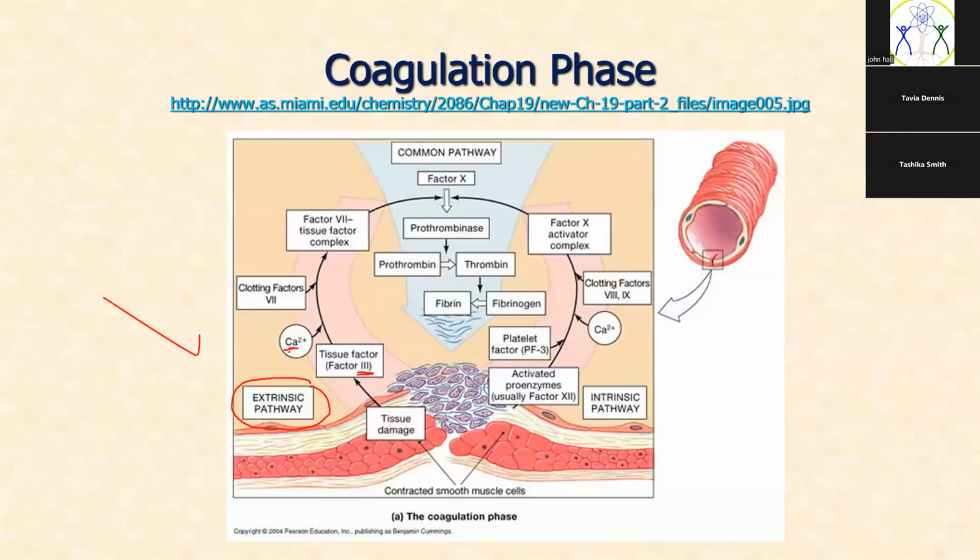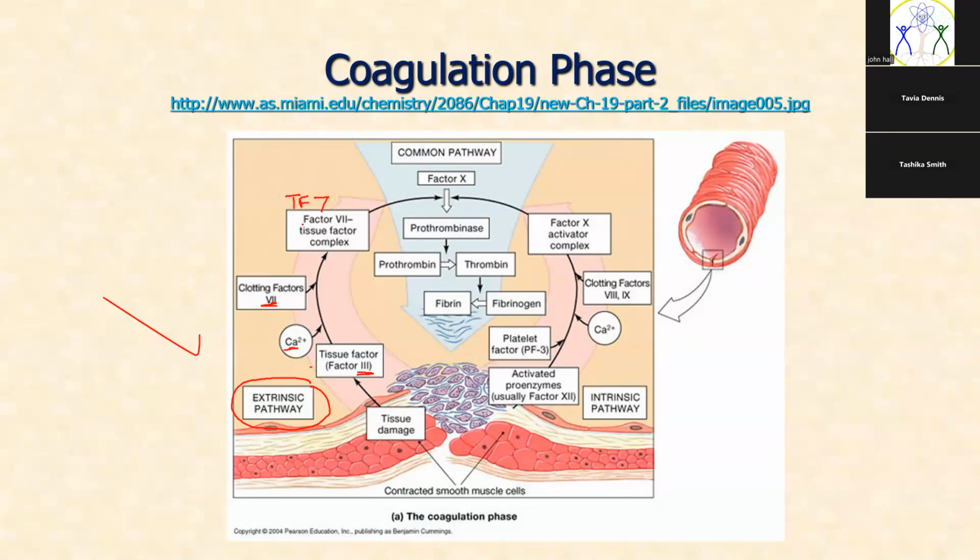So here we're seeing where we're using the calcium. It also has to combine with something called factor 7, clotting factor 7. And these three things, one, two, three, all come together and combine to form factor 7 tissue factor complex. All right? I call it TF7. So tissue factor 7 complex.